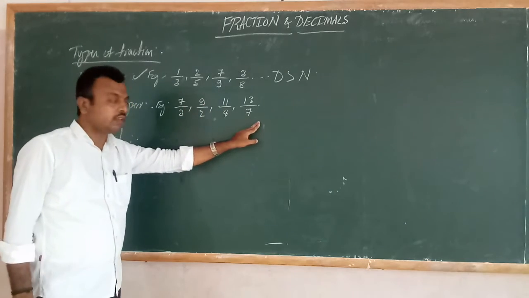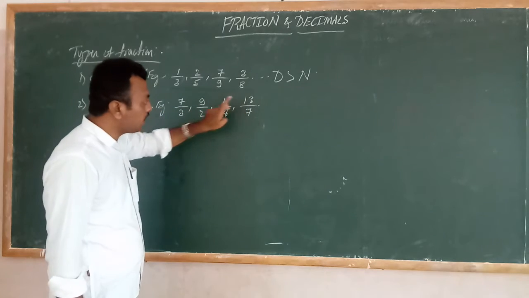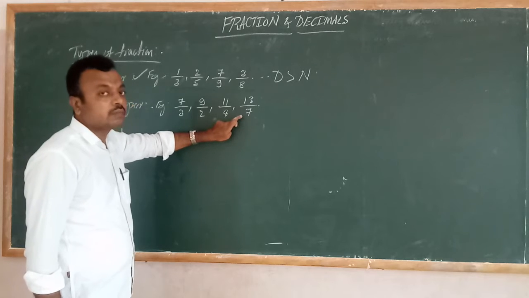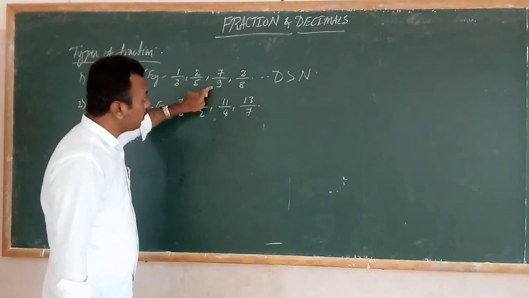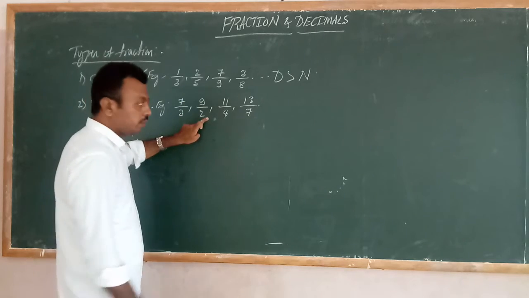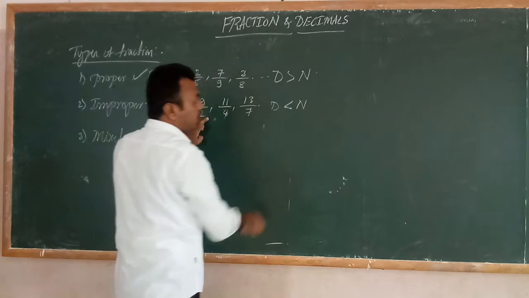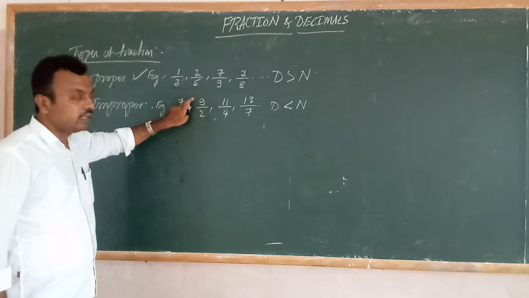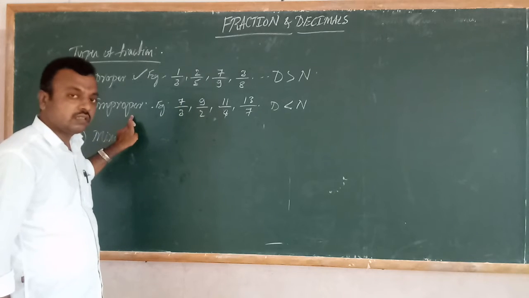The numerator is greater than the denominator, or the denominator is smaller than the numerator. Is it right? When the denominator is less than the numerator, this type of fraction is called an improper fraction. Have you got it?